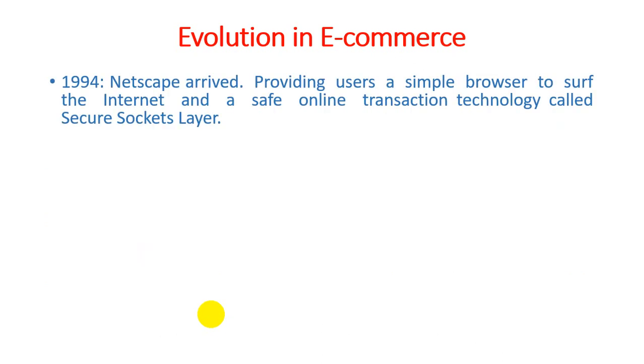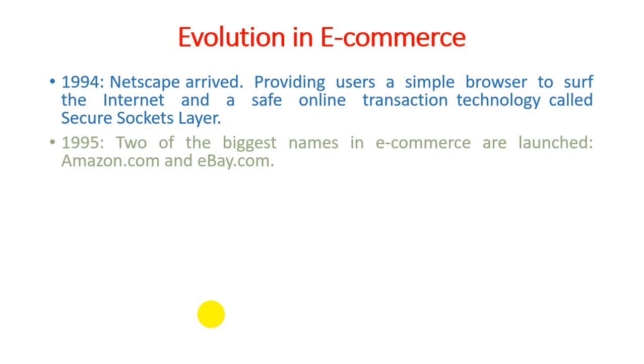Then in 1994, Netscape arrived, giving users a simple browser to surf the internet and a safe online transaction technology called Secure Socket Layer. Guys, SSL is currently used in every banking website and banking application because it is more secure compared with other security levels. So in 1994, it was a really new innovation in the e-commerce market.